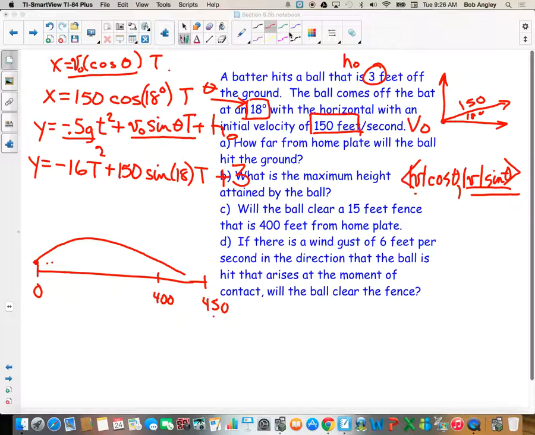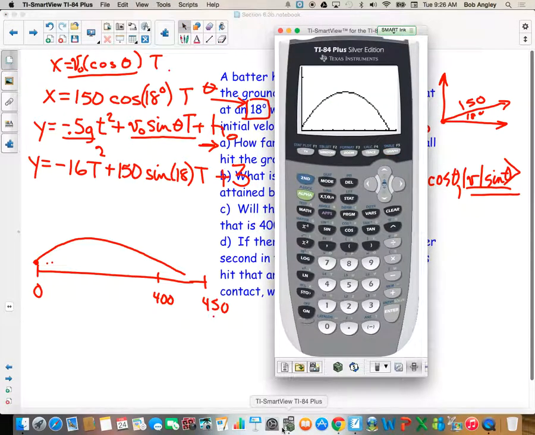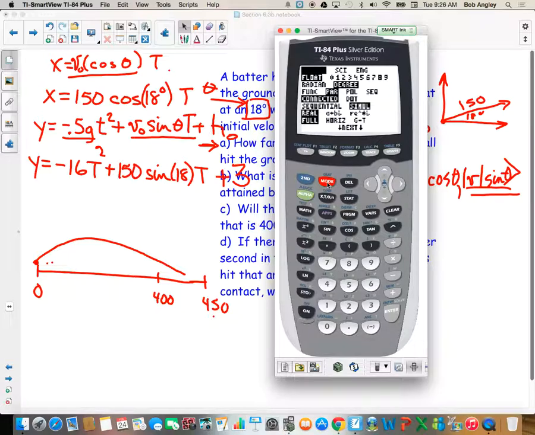The reason for doing this one is that I didn't look closely at what the A part was, or I would have had us do this part first. But let's go back to mode for a minute and go to function. Keep it in degree, but go to function.